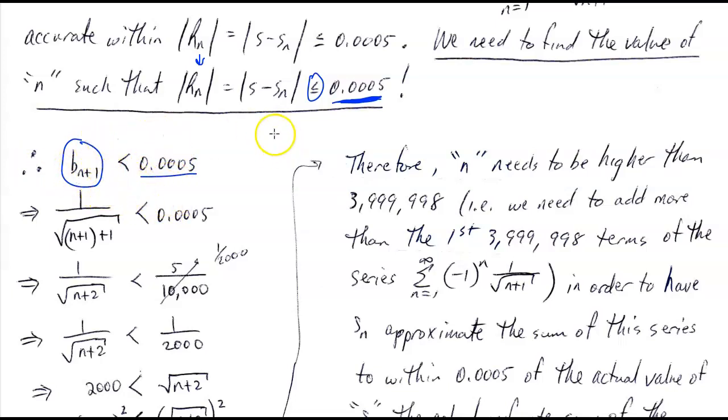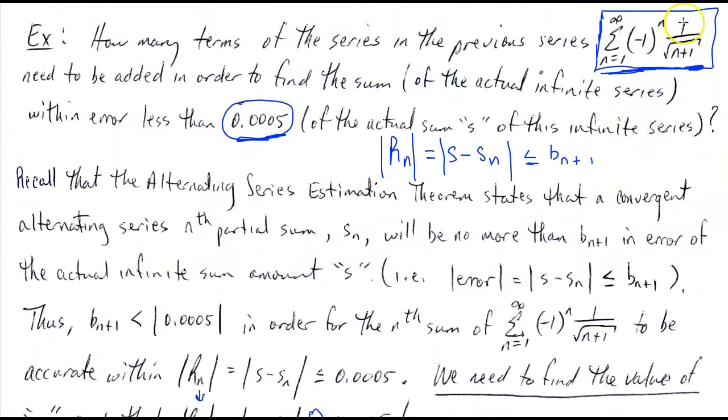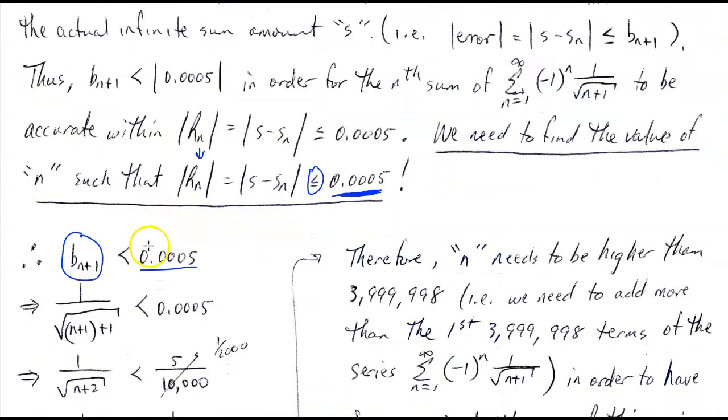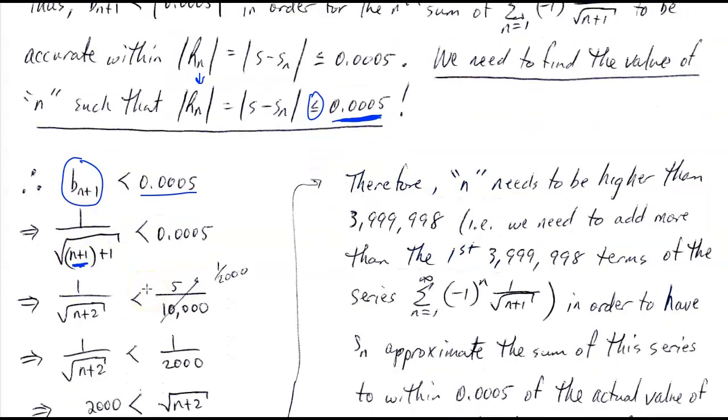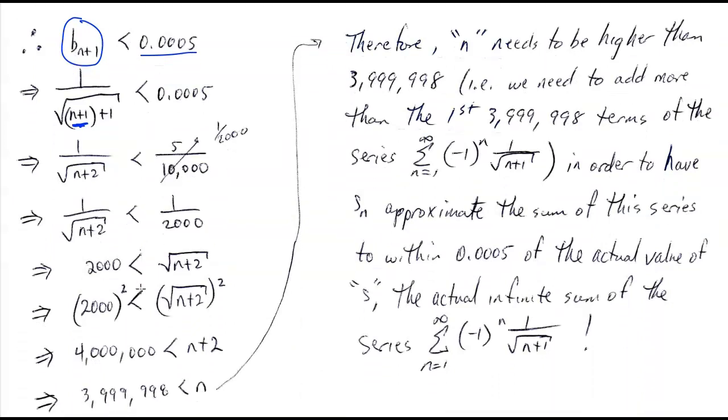And we know that since the b sub n part of our series is just 1 divided by square root of n plus 1, b sub n plus 1 is wherever we see n, we replace it with n plus 1. And so, of course, from here, we're just doing the math. This ends up being 1 divided by square root of n plus 2.